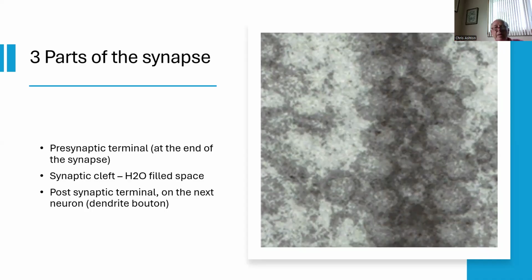And these happen, for the most part, on dendrites, on the dendrite bouton, the little knobby part, which is essentially off the tree branches of the dendrites, which act as postsynaptic terminals where receptors reside.